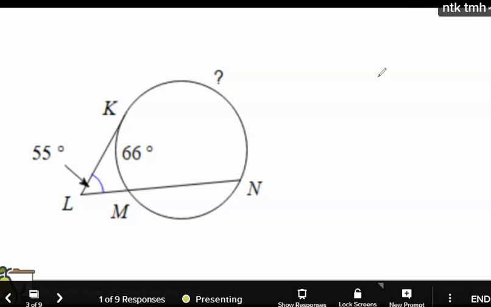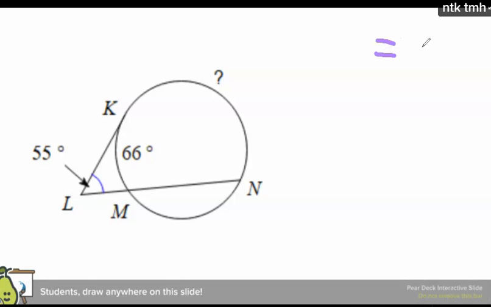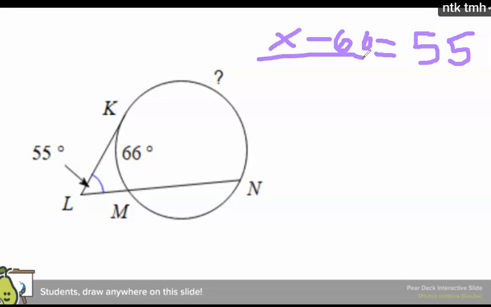Okay, so if you forgot how to set these up, it's always going to equal the angle on the outside, which sometimes that'll be x, sometimes that'll be a number. And it's going to be big arc minus little arc divided by 2. So my big arc is x. We don't know what it is. My little arc is 66. Then we're going to divide by 2. Okay, so I'm going to give you guys some time to solve that, and then we'll go over it.